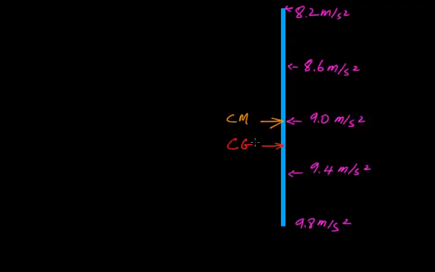This is the center of gravity, and that clarifies the difference between the center of mass and the center of gravity. The center of gravity depends upon the gravity. However, the center of mass depends only upon the mass itself, where the entire mass of the object can be concentrated.